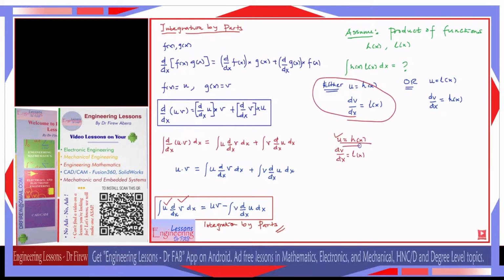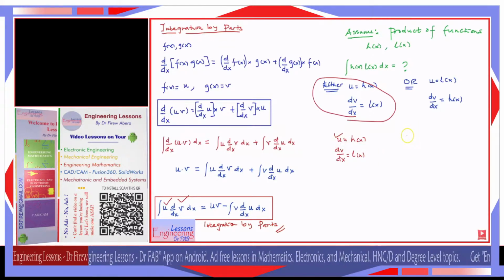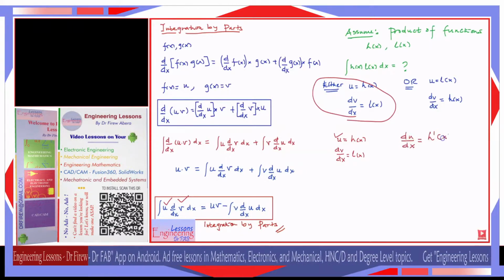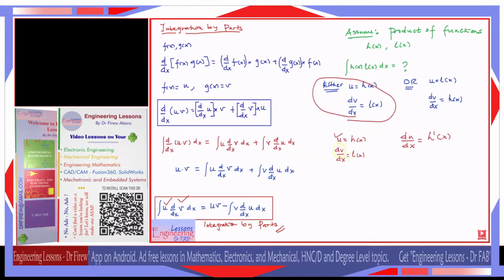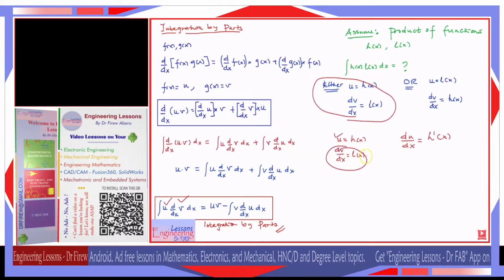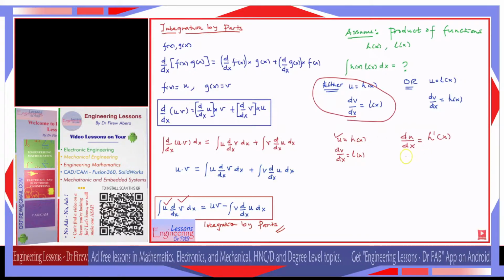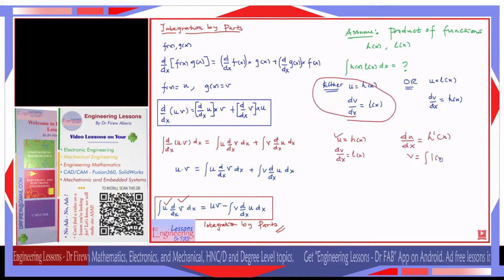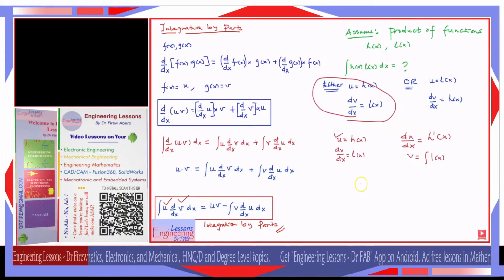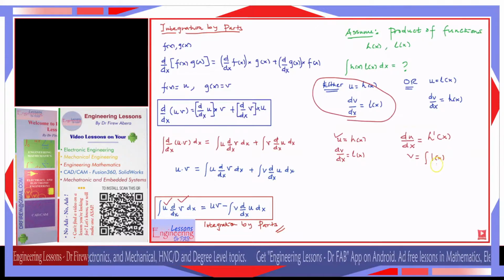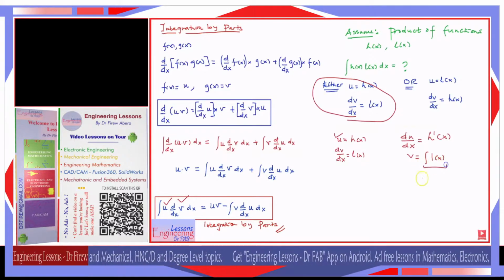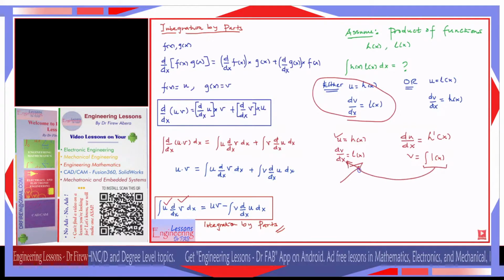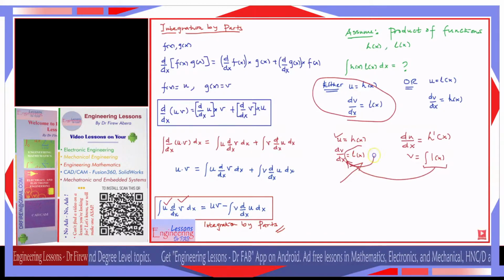If u is h of x here, du by dx is the first derivative of that function. And if dv by dx is L of x, then v should be the integral of L of x. We're looking at finding a function or an expression that, when you differentiate it, will give you that L of x.